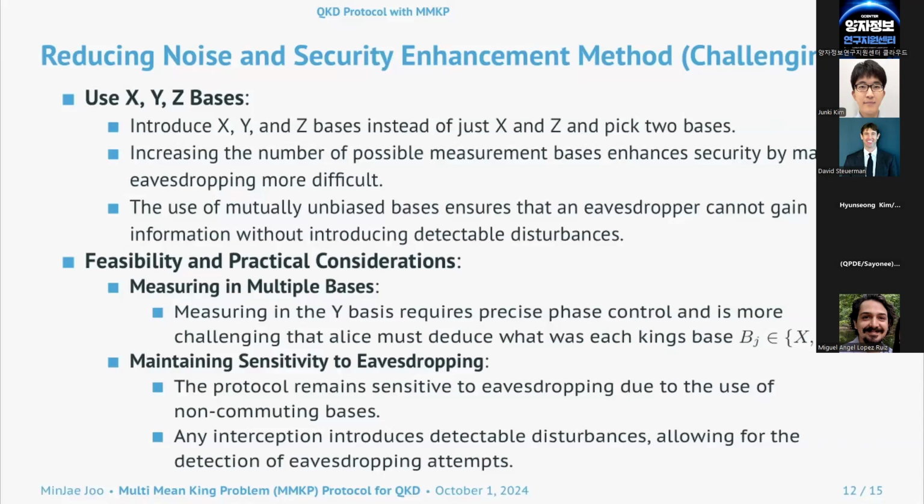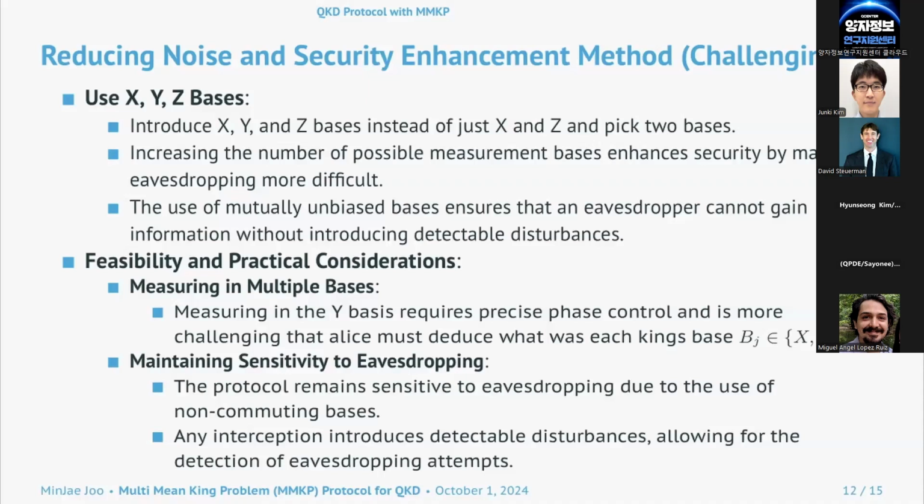There are also feasibility and practical considerations to keep in mind. Measuring in multiple bases, particularly the Y basis, is more challenging than X and Z because it requires precise phase control.